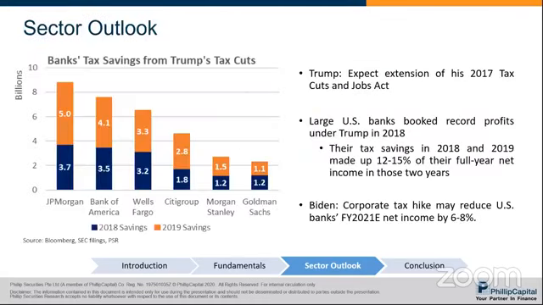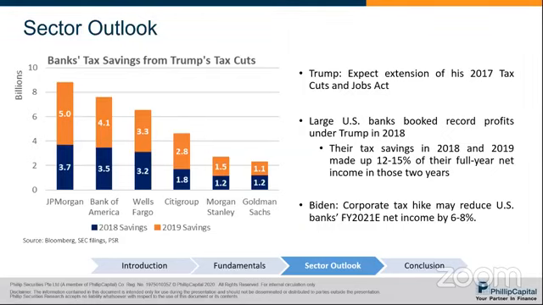These are the policies. I will not go through in depth. So with a Biden win, during Trump's term, we see that his 2017 tax cut actually provided a huge boost for tax savings for the large banks itself. So if you look at all these major banks, they actually were able to book record profits under Trump's term back in 2018.